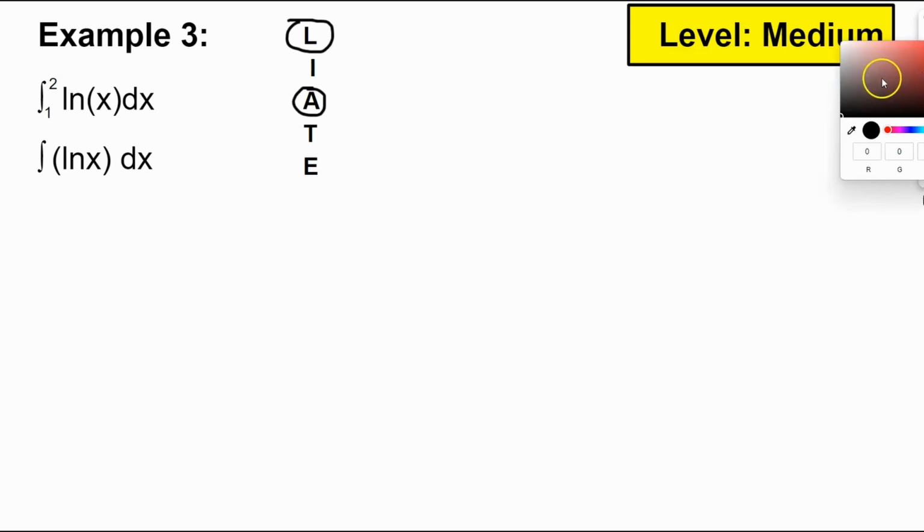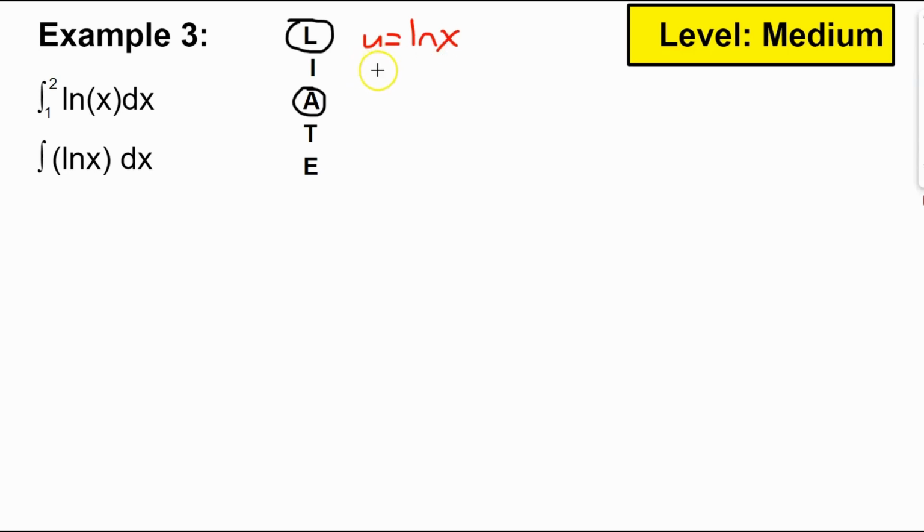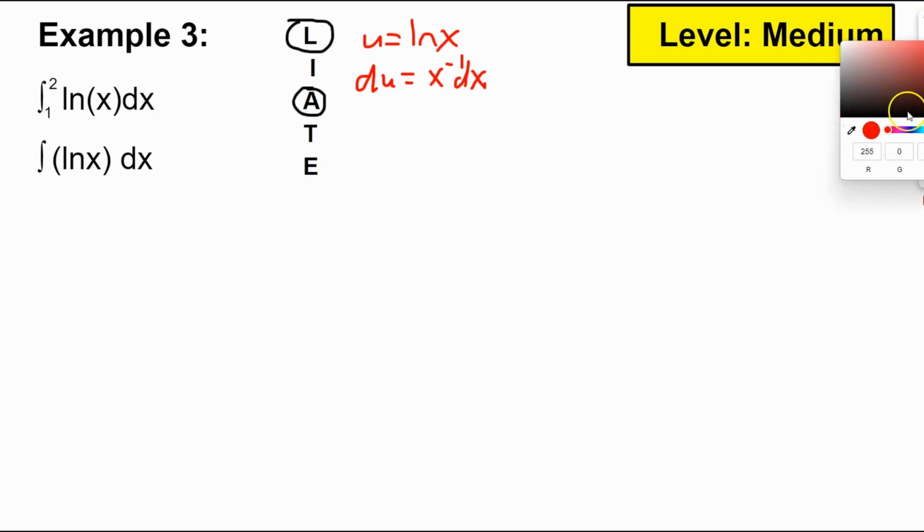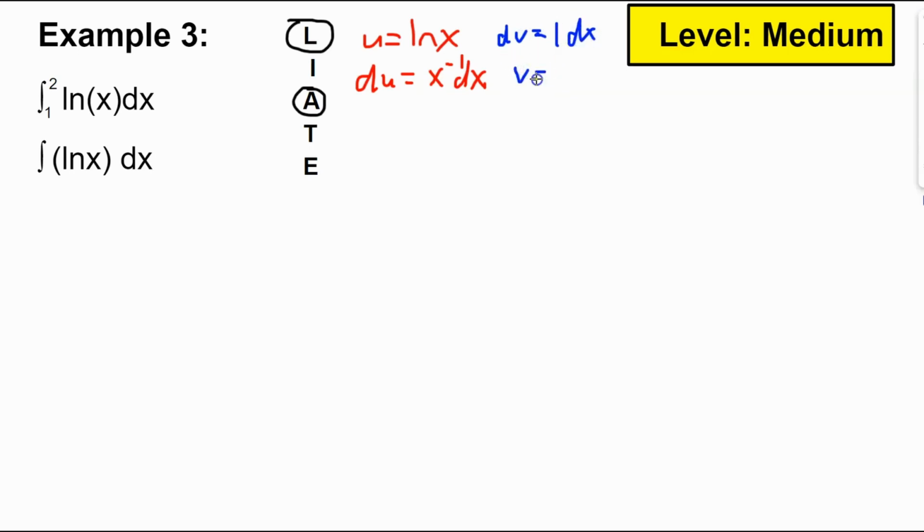So we're going to make u ln of x, and the derivative of ln of x is just 1 over x. I'm just going to write it as x to the negative 1 dx. And then for our v's, dv is 1 dx, and v is not the derivative, the antiderivative, which is just x.